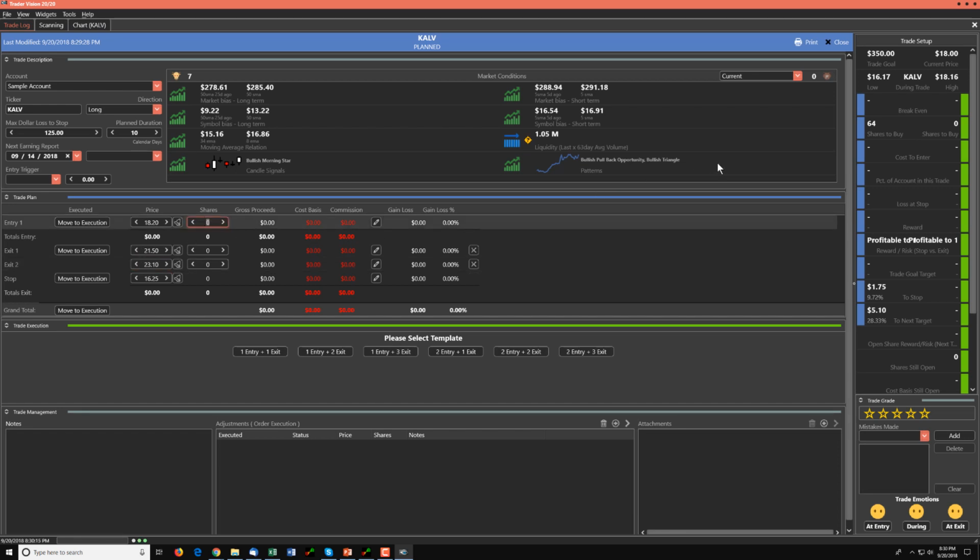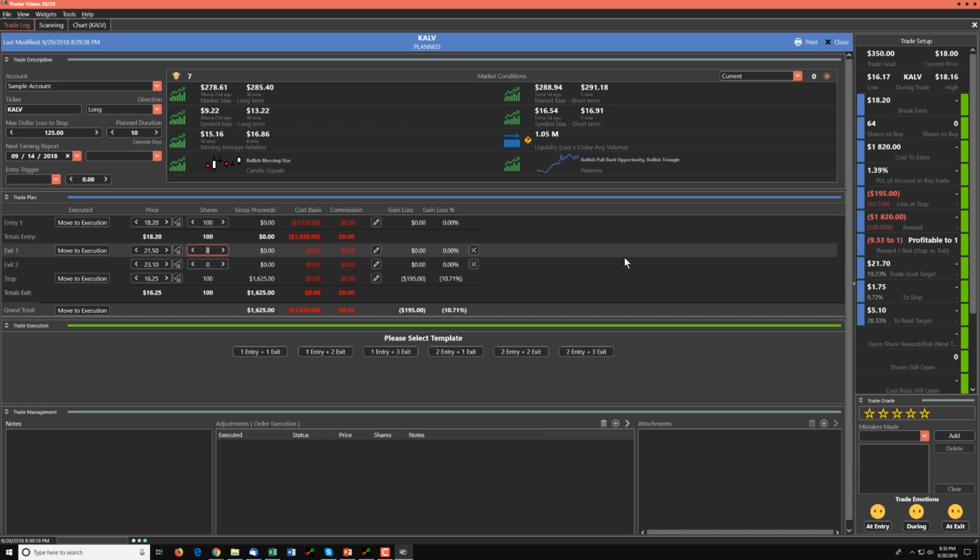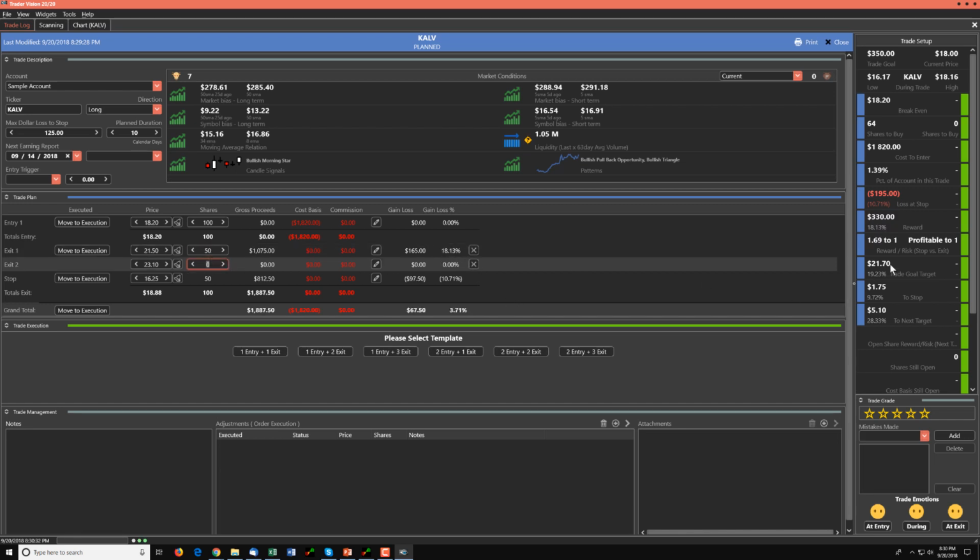Let's just say we can do 100 shares. It's a tiny position, but it does have a fair amount of stop risk. If we sold half of it at that first target, you'd be picking up 18%, but you'd only be getting less than 2 to 1. So the question is, can we adjust this?